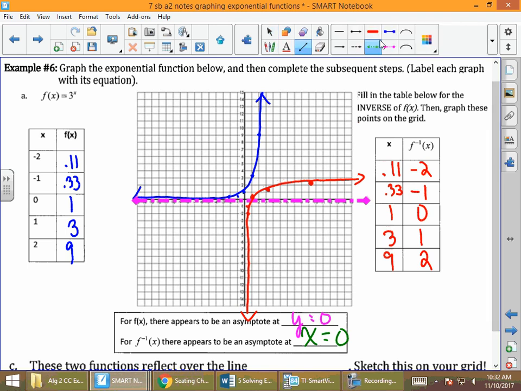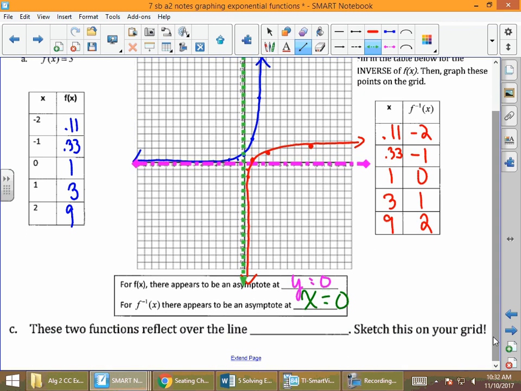And we do have an asymptote. This time it happens to be a vertical asymptote. That's our green asymptote. An asymptote being a line that the graph approaches but never quite touches. And some of you again are noticing these two lines reflect over the line y equals x.